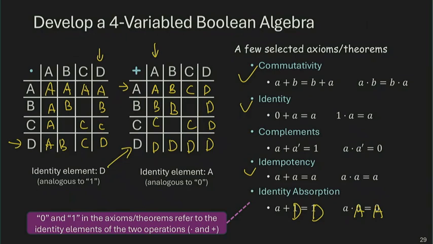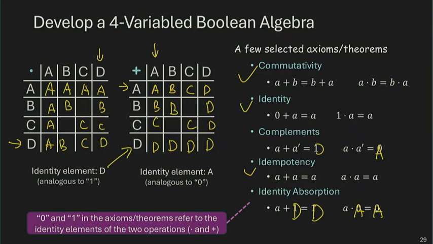A and D are complement to each other. You can verify that they satisfy the complement axioms. So this is D, this is A. Right, A and D are complement to each other. B and C are also complement to each other. In any Boolean algebra, every element needs to have a complement, and its complement has to be unique.